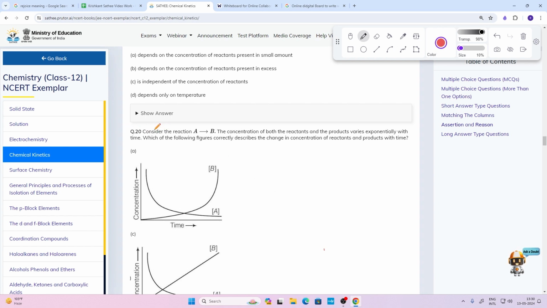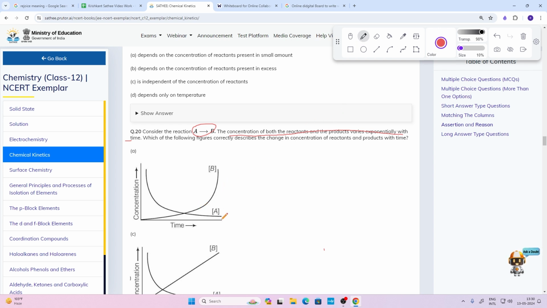Next we have, consider A to B. The concentration of both reactant and product varies exponentially with time. Which of the figures correctly represents the change in concentration with time? So it is saying that concentration of both reactant and product varies exponentially with time. So is this correct?